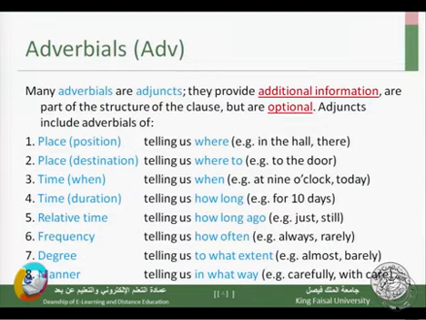This is the duration of a certain action or event. Then we have adverbials of relative time. Relative means that in our mind we have a point of time, and then we judge other events, other actions, other activities based on that point of time. So you think of a point of time, and then you think of other things that happen around it.